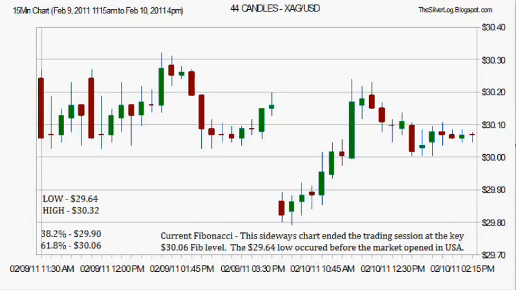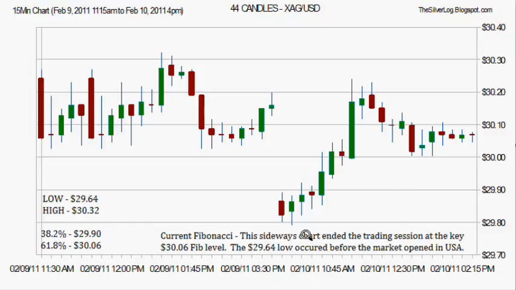On the 15-minute chart, for each one from here on in, I've written down current Fibonacci. So I'm going to go through Fibonacci on this one. Within this, we have a low of $29.64. And it says here, this sideways chart ended the trading session at the key 30.06 Fibonacci level.